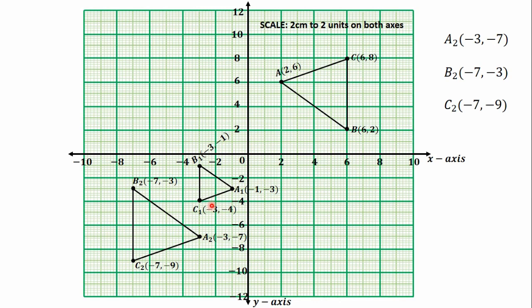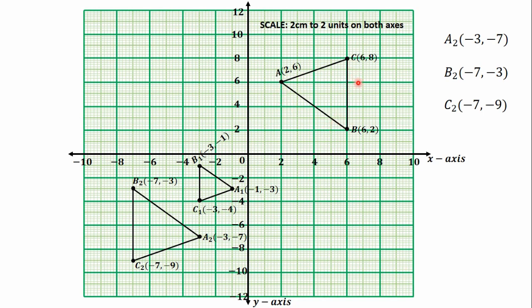Now you can see that when we enlarged the triangle ABC with a scale factor of -1/2 to get the image triangle A1, B1, C1, the image triangle A1, B1, C1 has a smaller size than the triangle ABC.